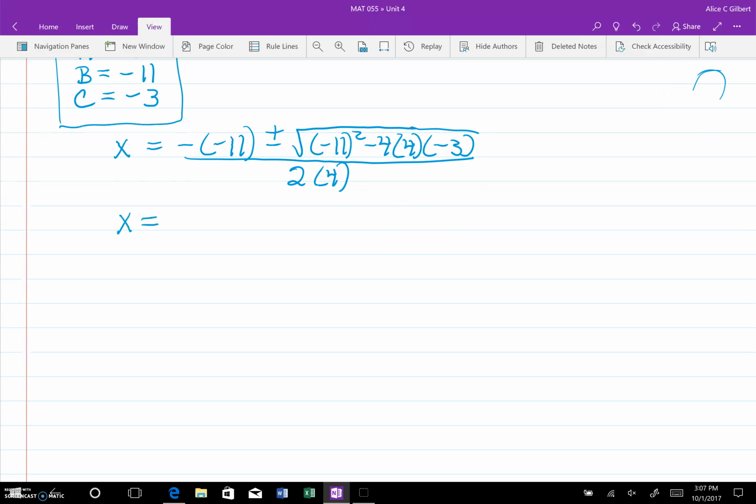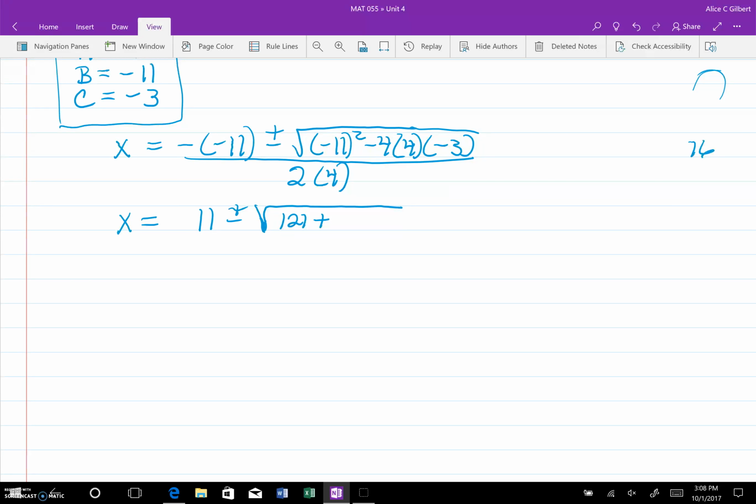So x equals, negative times a negative is a positive, 11. Squaring negative 11, negative times a negative is a positive, and 11 times 11 is 121. And now I look at negative 4 times positive 4 times negative 3. Well, that's a negative times a positive times a negative, so that comes out to be a positive. I always like to do the signs first, then I can multiply all the numbers.